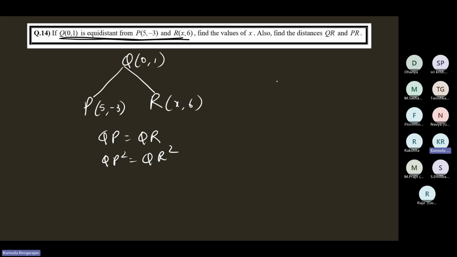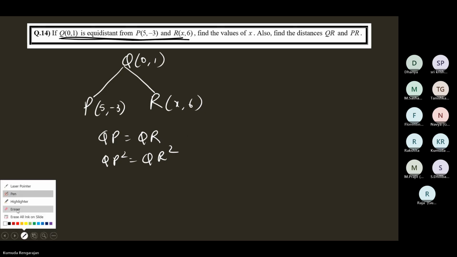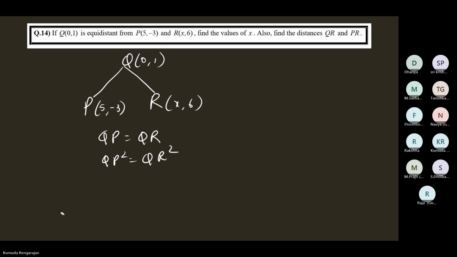The distance formula is the square root of something, but for QP square you don't have to show the square root symbol. So work this and you should be able to get the values of x. Do that, children. Take down the question. Work this and tell me the values of x.